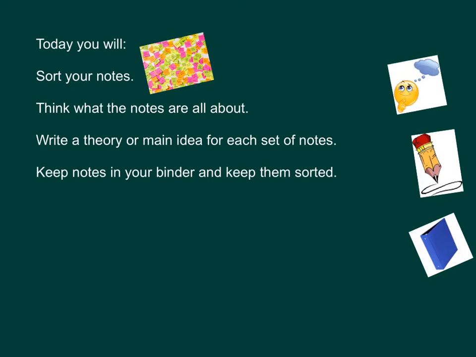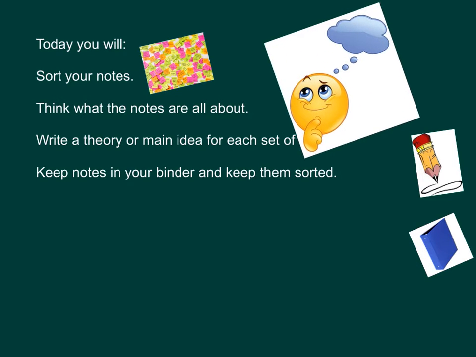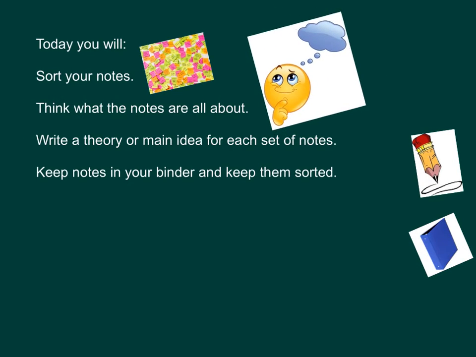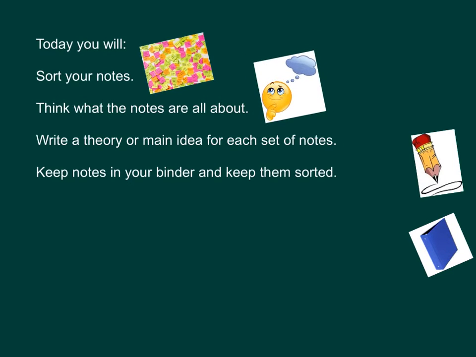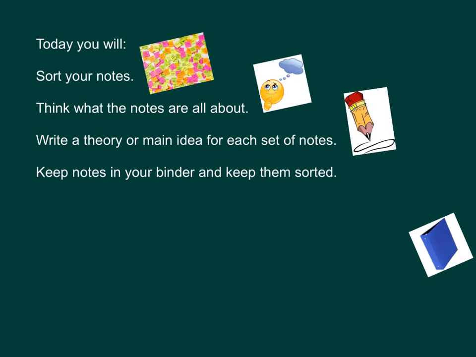The next thing you're going to do is you're going to think about what those notes are all about. So for each category of notes, you're going to look at them, read them, and then think, what are these all about? What is it telling me? The next thing you're going to do is you are going to write a theory or a main idea for each set of notes. So you're going to answer the question, what is this set of notes all about?